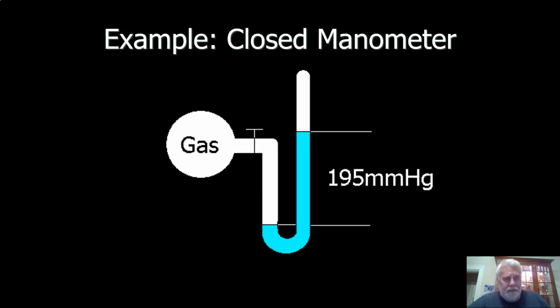So how do we do this manometer problem? Well, this problem is a closed manometer, and to represent the closed manometer on these graphics, I'll use a little rounded thing. You can just simply draw a line straight across on your notes, because you don't have a black and white background like this.